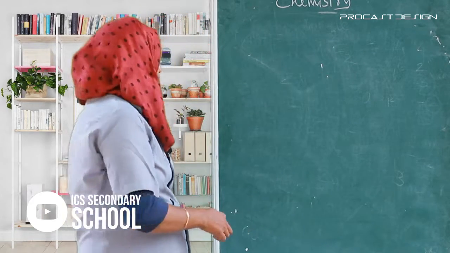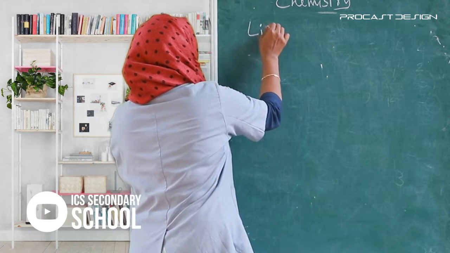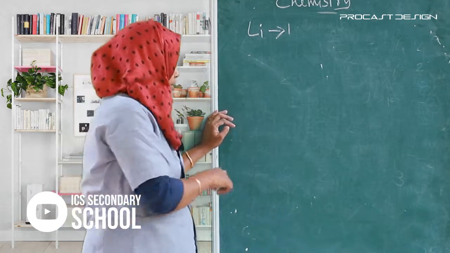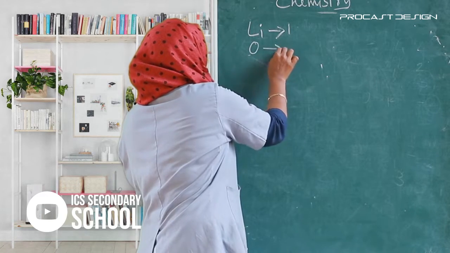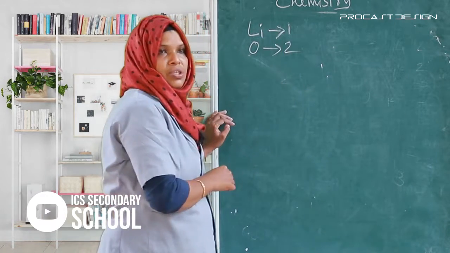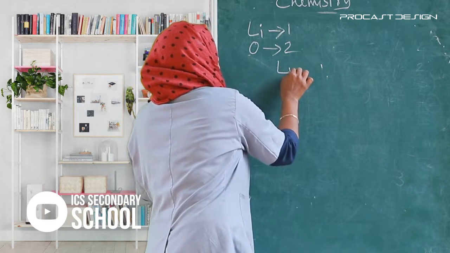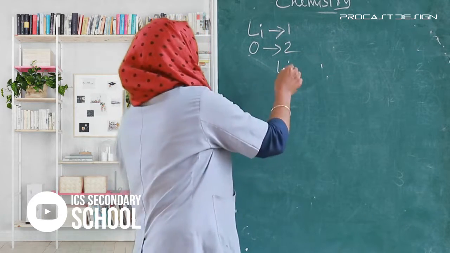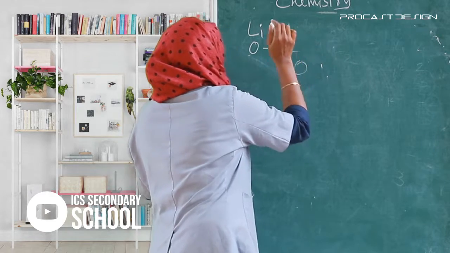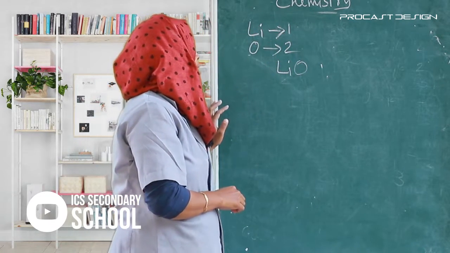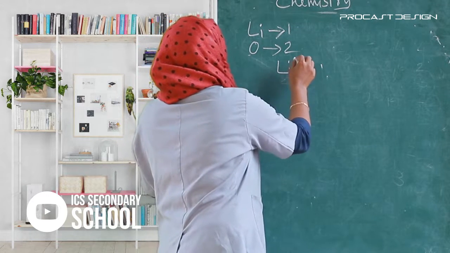Next, Li and O. Li valency 1 and oxygen valency 2. First, write the less electronegative element, then the more electronegative element, then interchange the valencies.